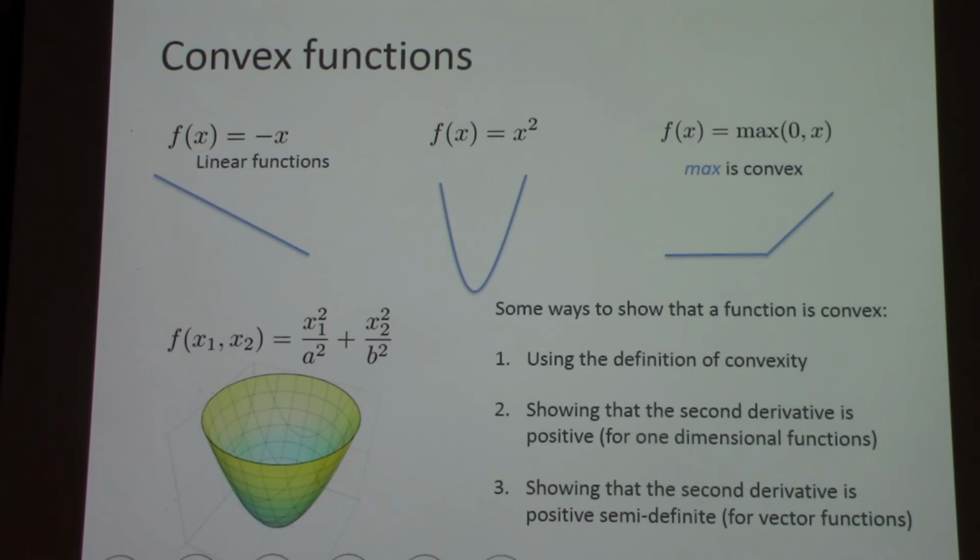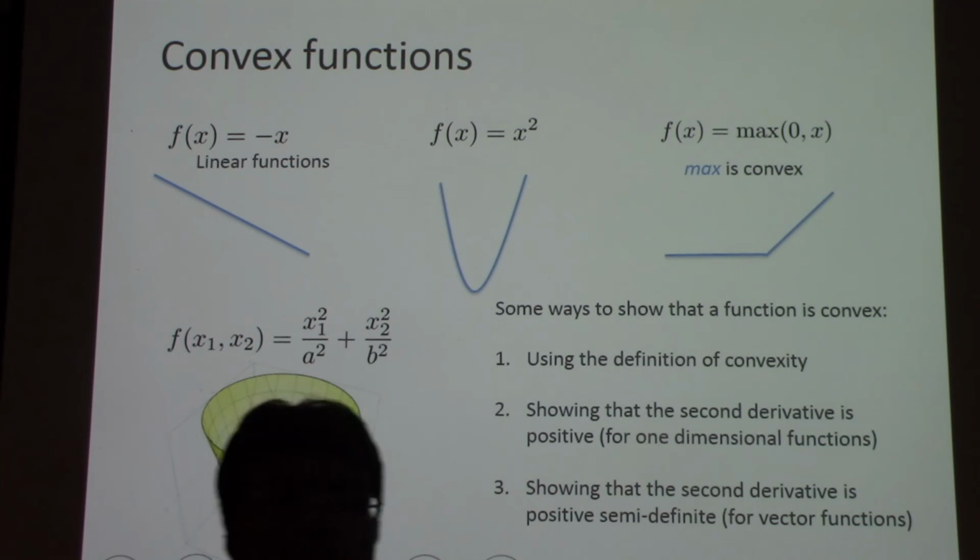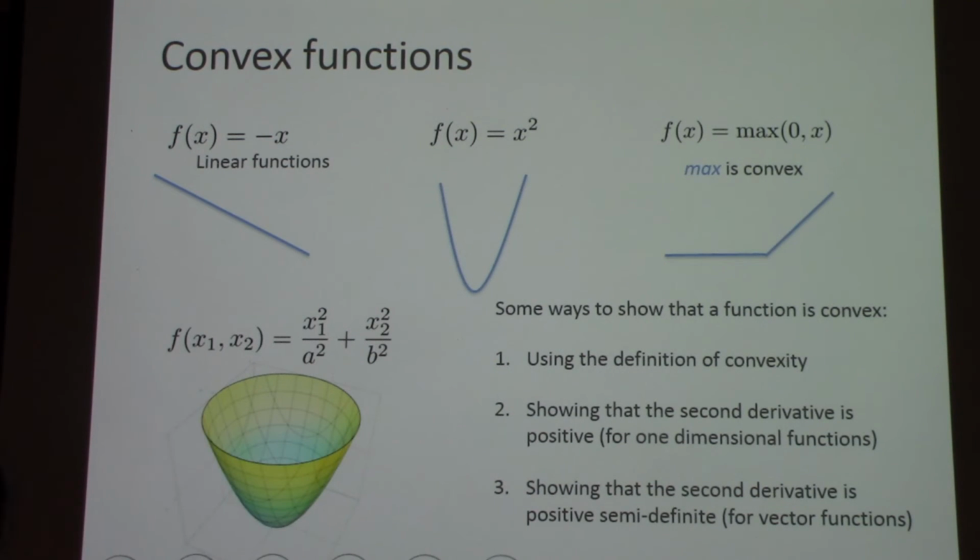For our purposes, max is a function, right? Max of a, b takes two things and picks one of them. Max is a convex function. In 2 dimensions, this is just some picture I think from Wikipedia. You have a quadratic paraboloid, that's a convex function.